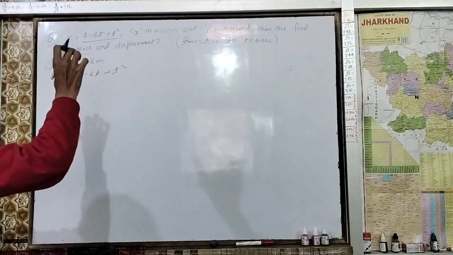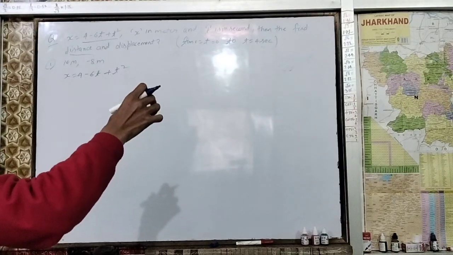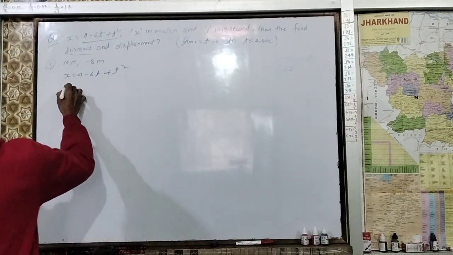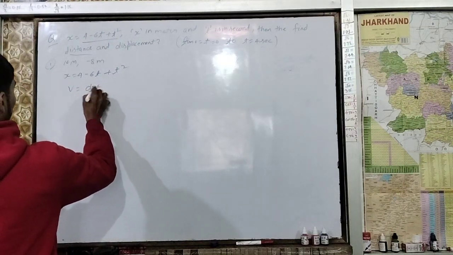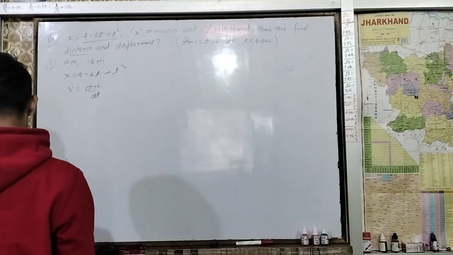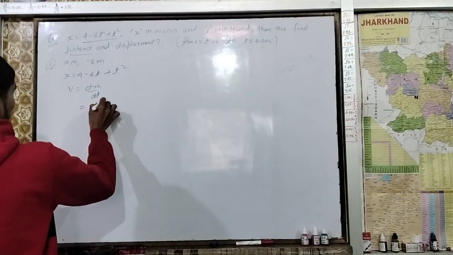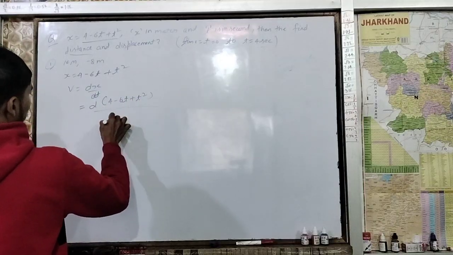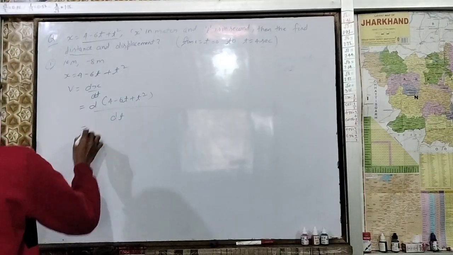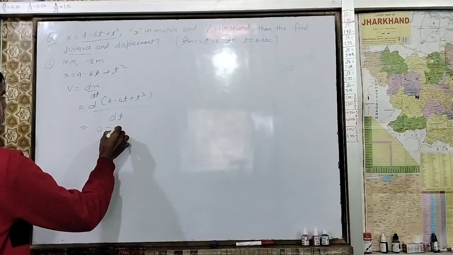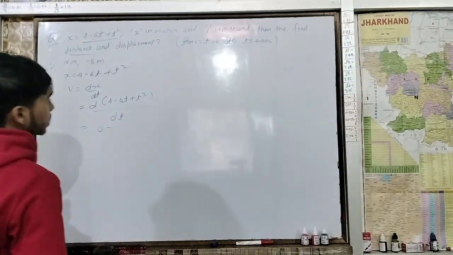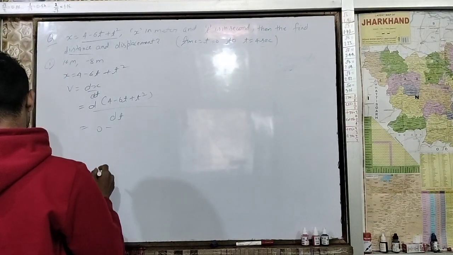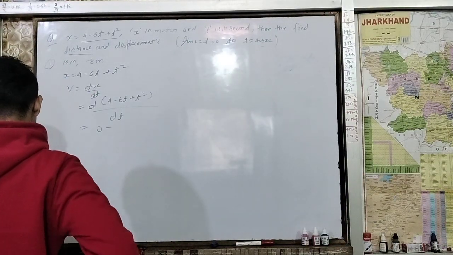For instantaneous velocity, we know that v is equal to dx upon dt. So x is 4 minus 6t plus t square. Differentiation of 4 becomes 0. Differentiation of 6t becomes minus 6, because there is only t.